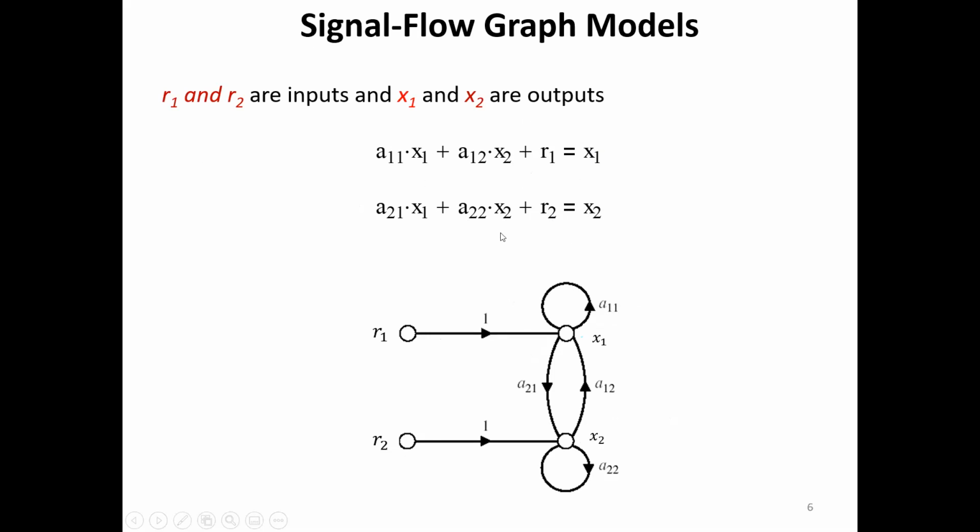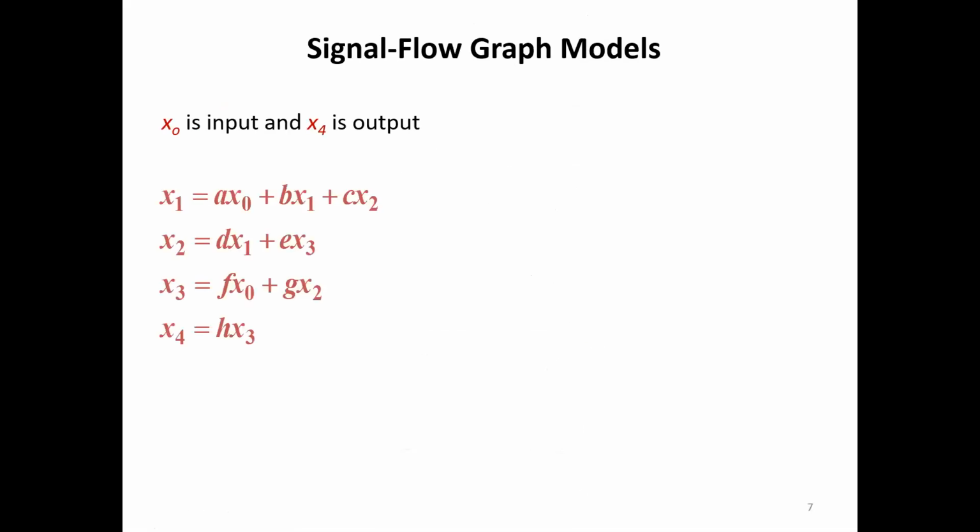So this is what we call another type of model, wherein if I say x1 is equal to a11 x1 plus a12 x2, then you will always find a self loop, something like this. So this is a loop which originates from the same node and ends at the same node. That is, we can have a model which has what we call self loops. That is one type of model.